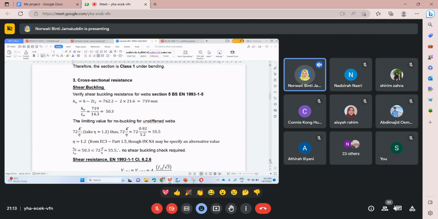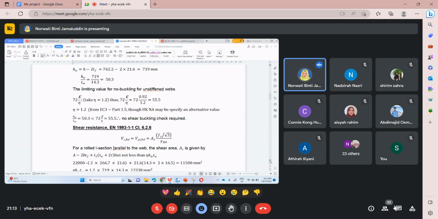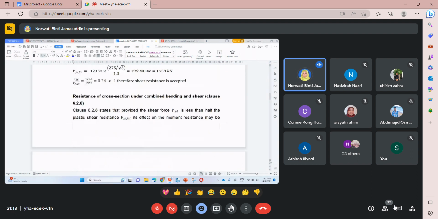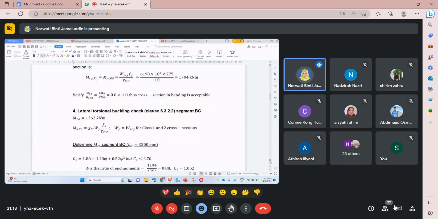I said that for unrestrained beam, MBRD is the additional checking. Means that you cannot avoid performing shear resistance check. You cannot avoid performing shear buckling check. Moment MCRD.